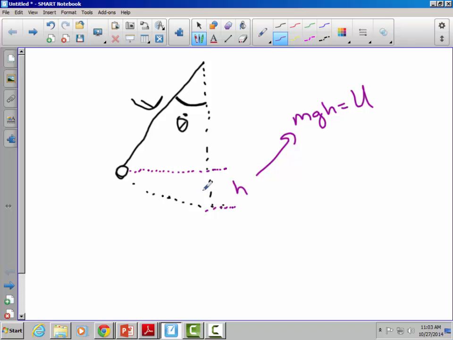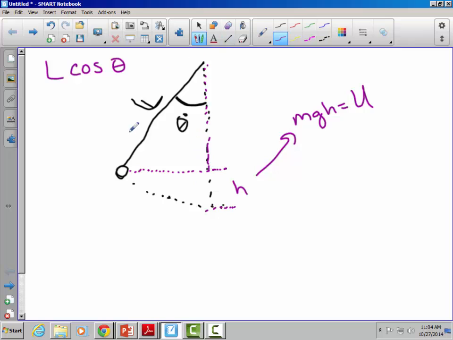So we can do a little bit of trig here to figure out what this distance has to be. Here, when it's all stretched out to the side, this side of our triangle would be equal to our hypotenuse, which is L, times cosine theta. That's going to be this bit right here.